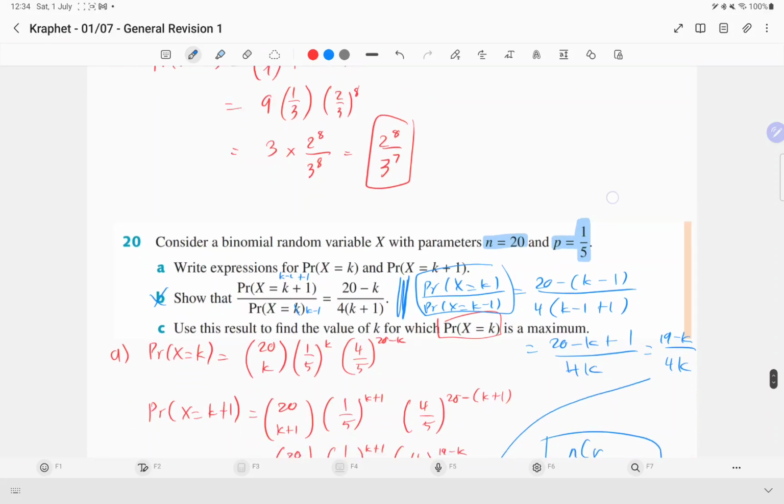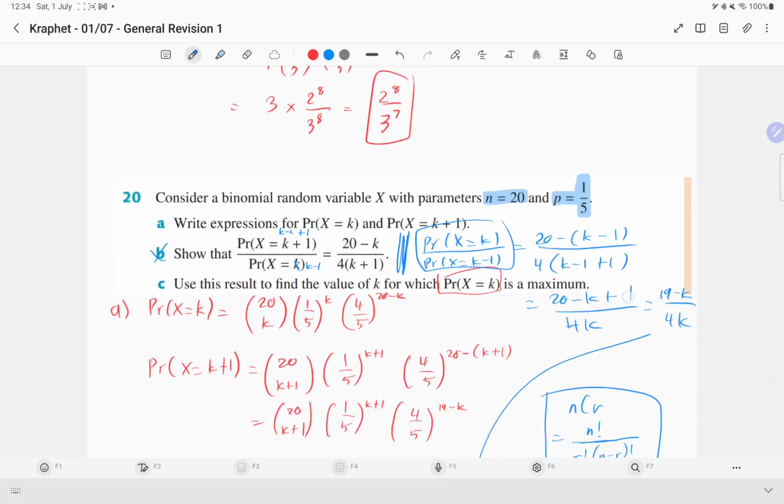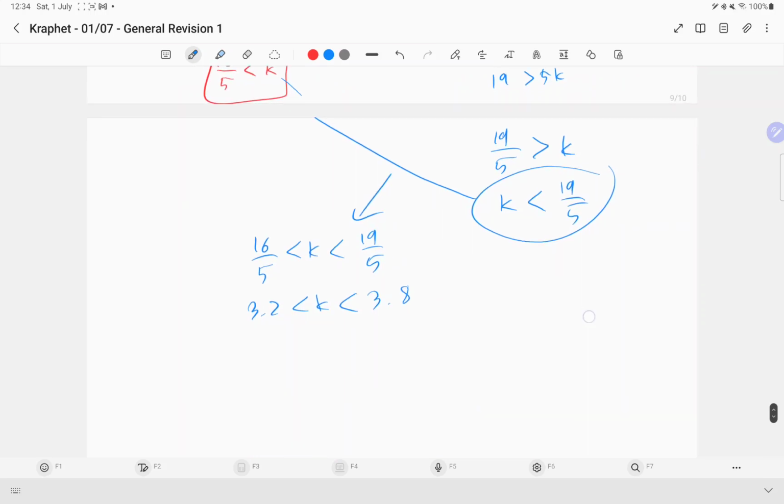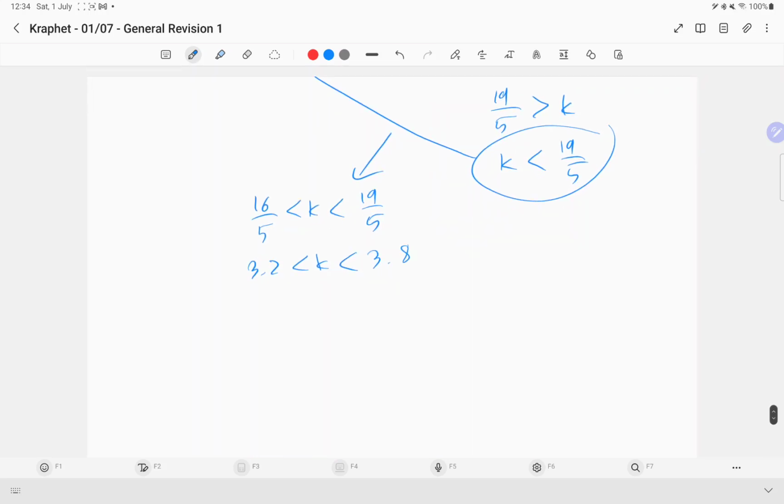Let me see again. Hang on, give me a second. Let me check with the actual textbook answer first to see if I made a mistake somewhere.